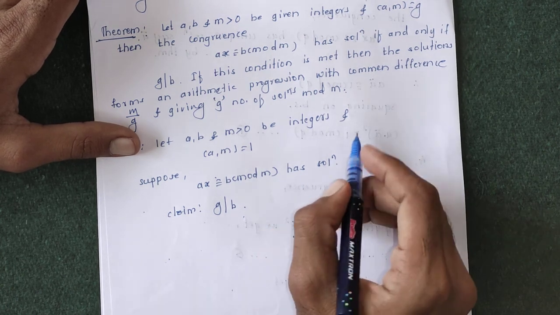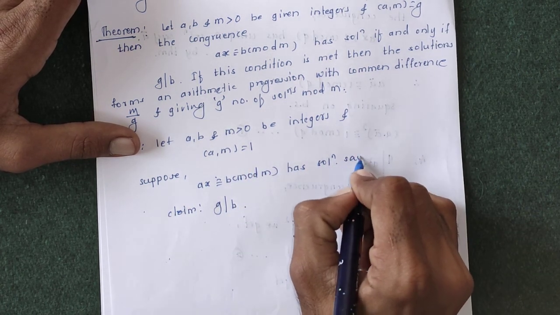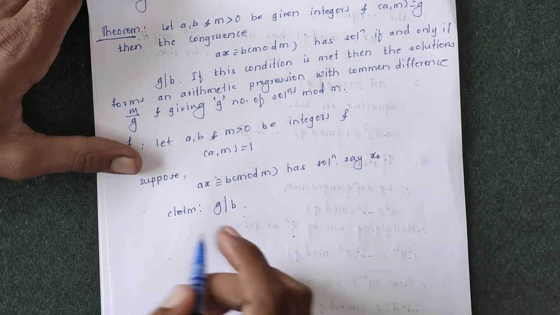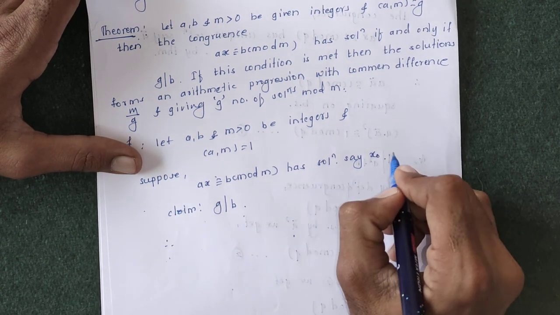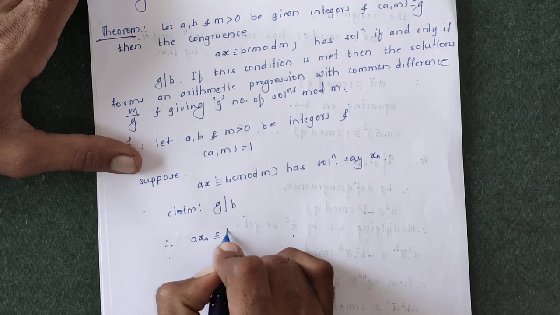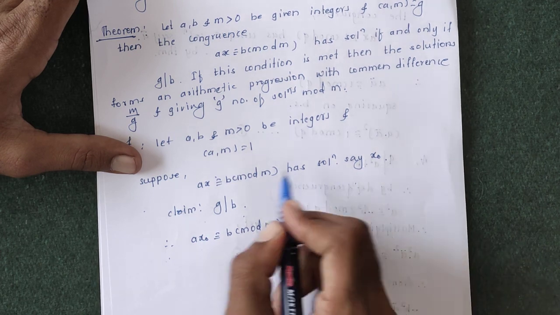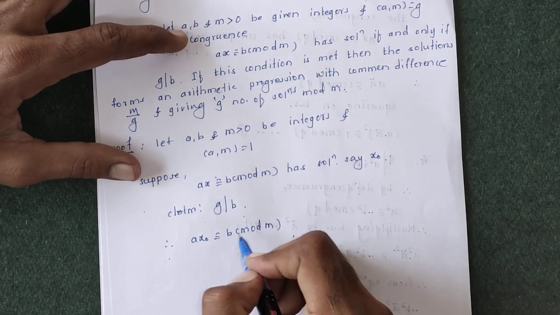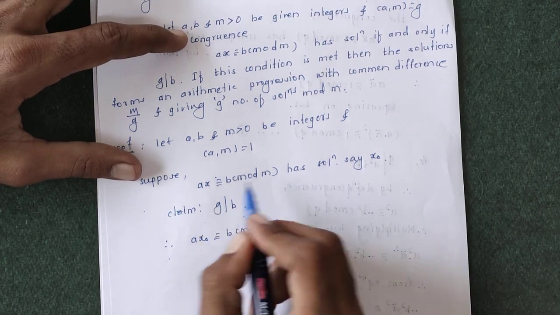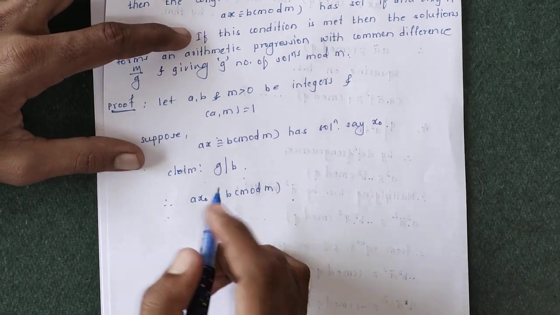Therefore x naught must satisfy this congruence, so we get ax naught is congruent to b modulo m.